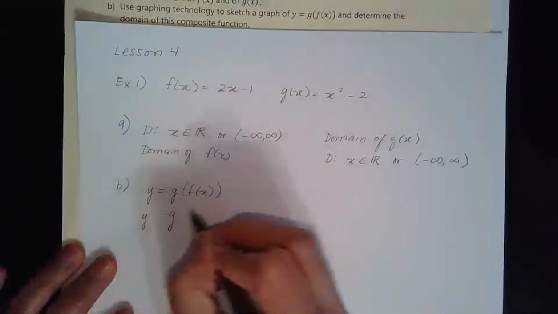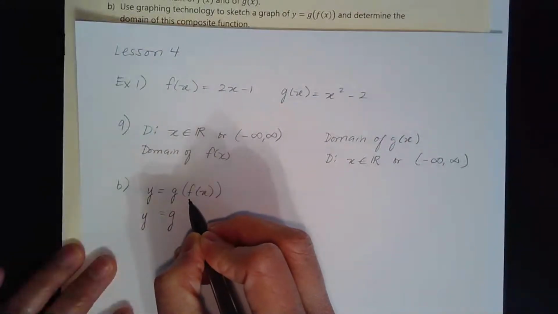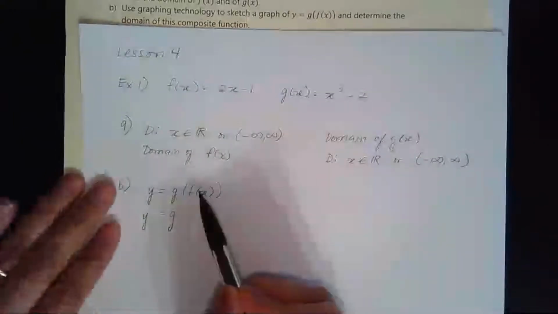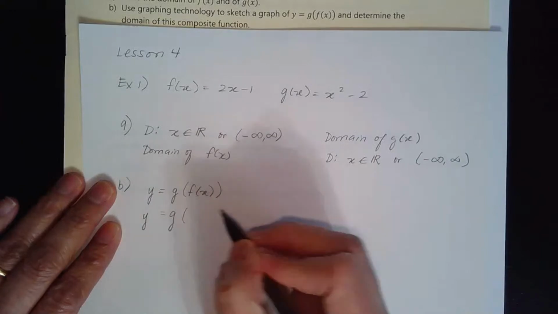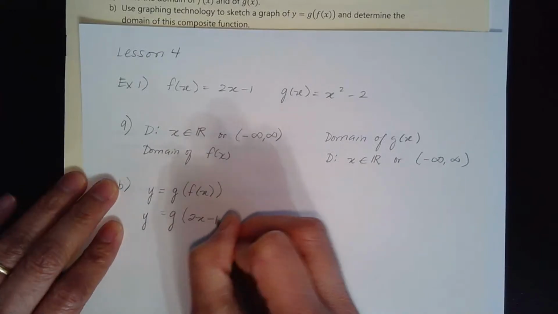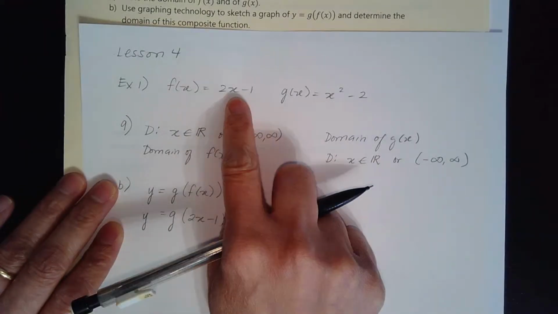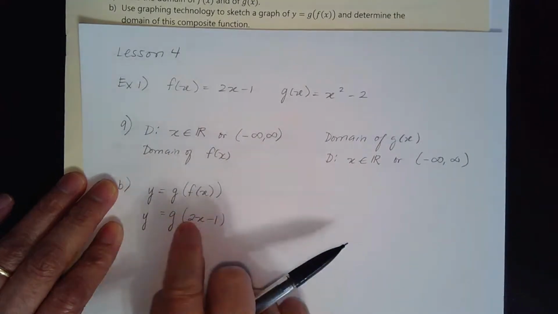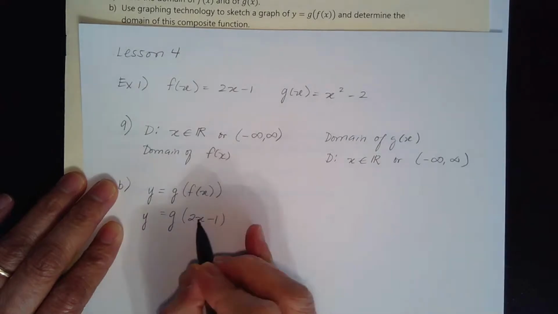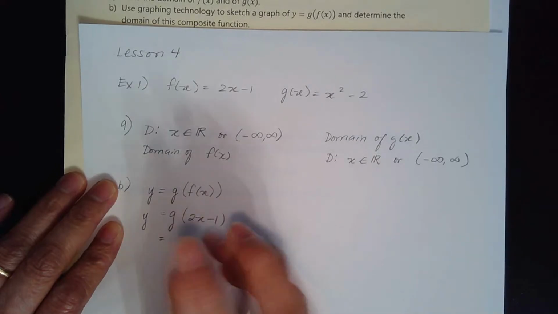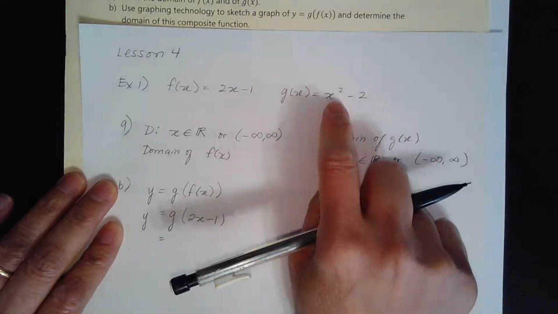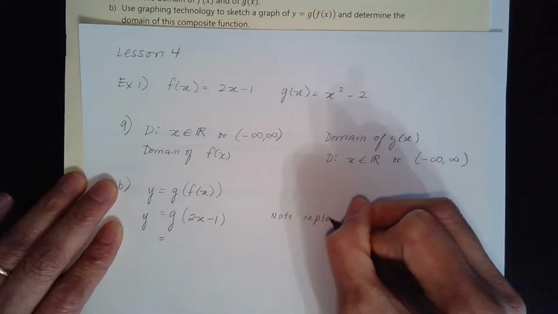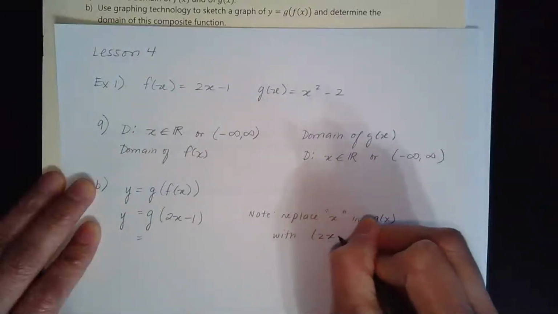Now, yesterday when we talked about this, we said we start from the inner all the way to the outer. So for f of x, we put 2x minus 1 because f of x is 2x minus 1. We think of this as your x value, and then operate under the function g.